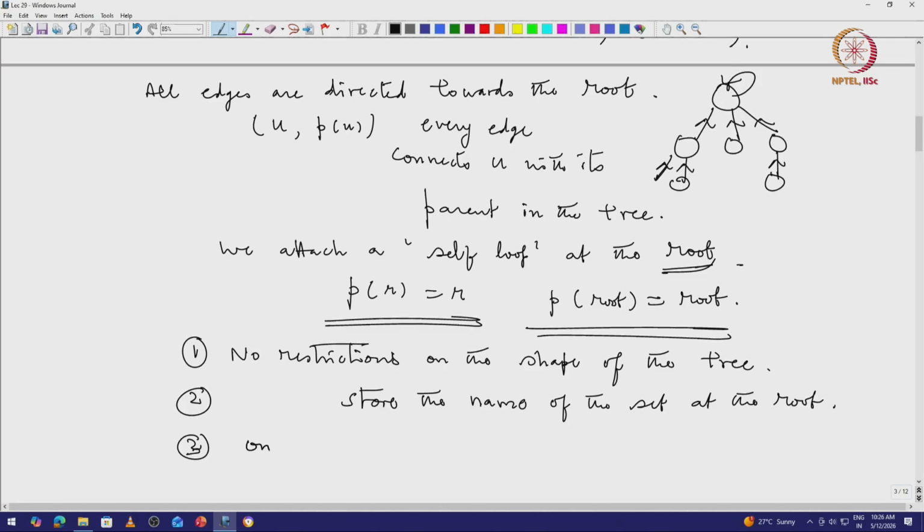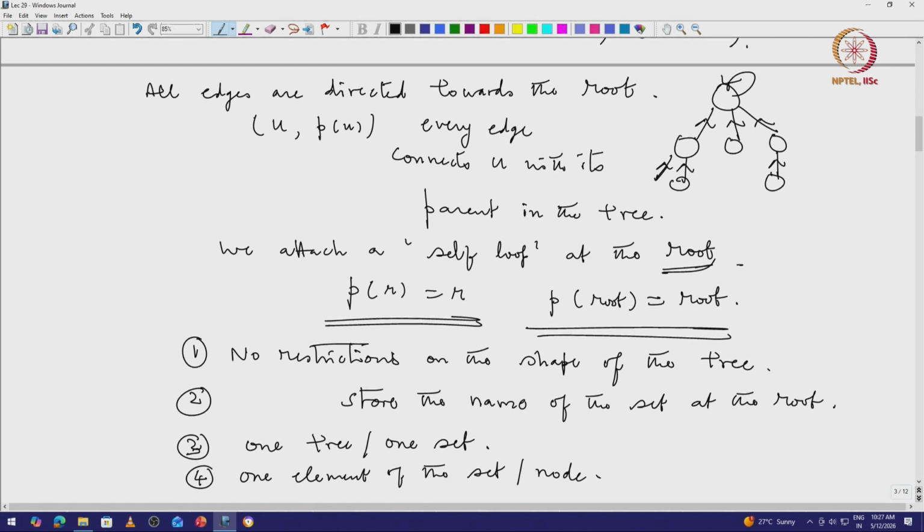Three, one tree per set. Each set will be represented by a tree, and one element of a set per node. So each node will have one element of the set and there is one tree per set.